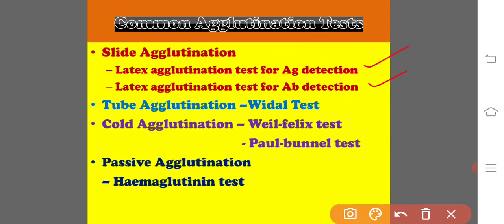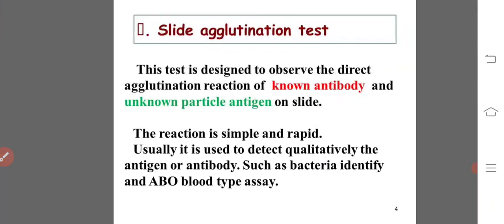Second type is the tube agglutination, which is explained by the Vidal test. Cold agglutination, explained by the Weil-Felix test, Paul-Bunnell test, and passive agglutination, which is explained by the hemagglutination test. These are the tests which are commonly used for various detections of antigen and antibody in the agglutination reactions.